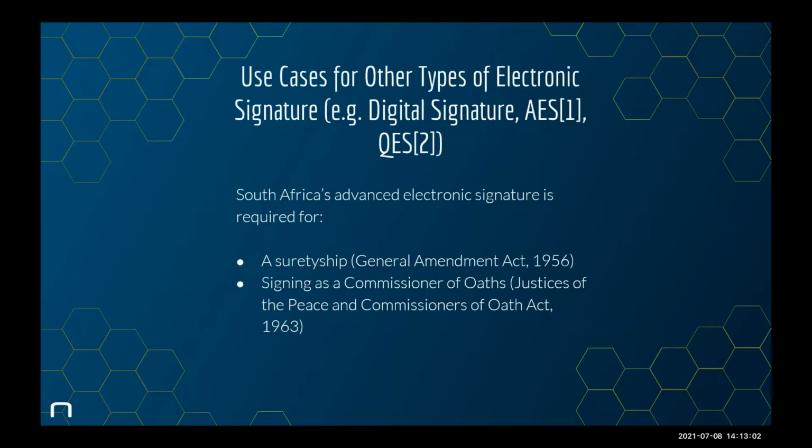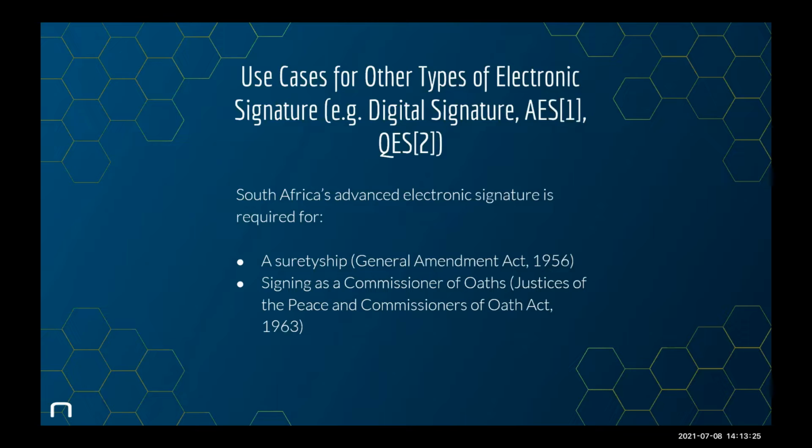There's also use cases for other types of electronic signatures, which we call a digital signature, or an enhanced electronic signature, or a qualified electronic signature. That's what the AES and the QES stand for. South Africa's advanced electronic signature is required for suretyships.